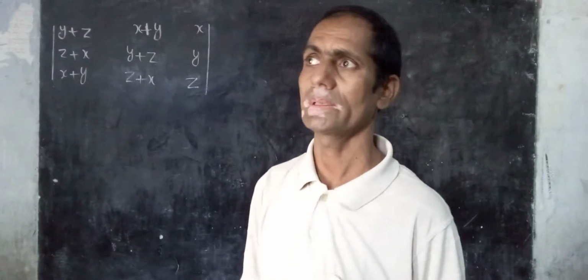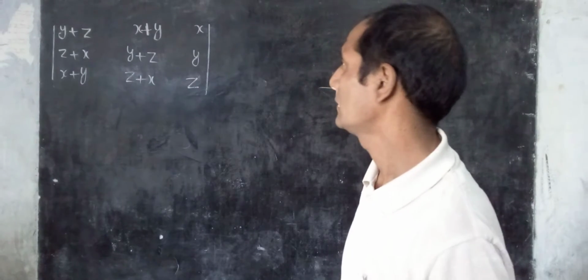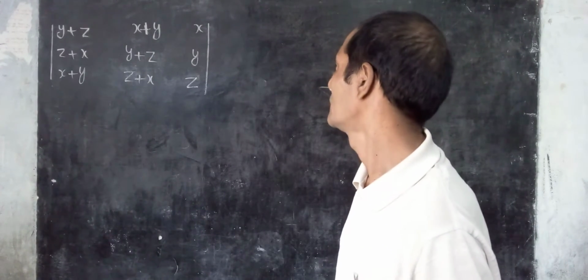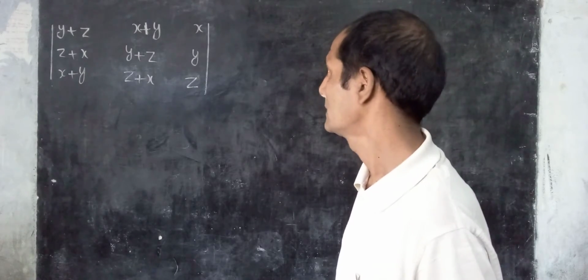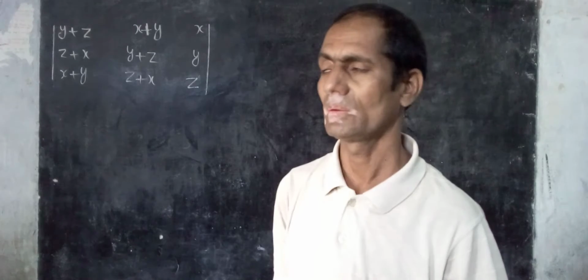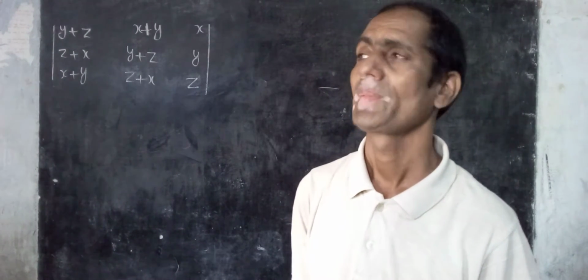Then your calculation becomes very simple. When you expand simply, your calculation becomes very complicated. So to avoid this complication, we make maximum zeros in one of the rows or columns by using properties of determinant.